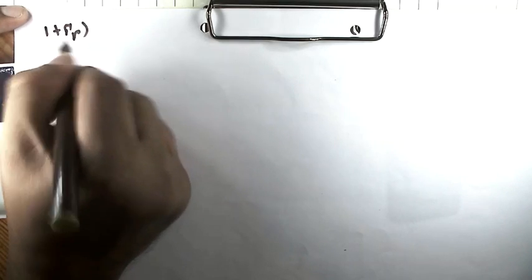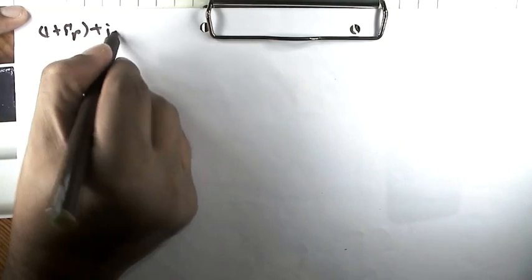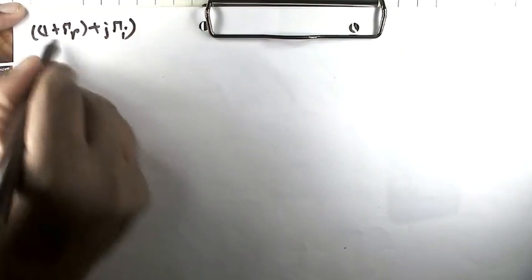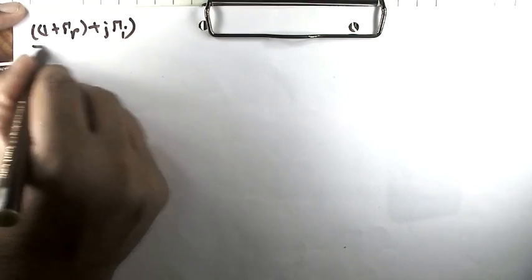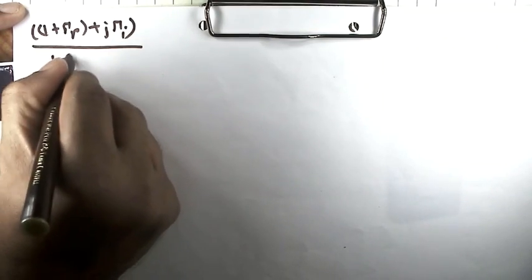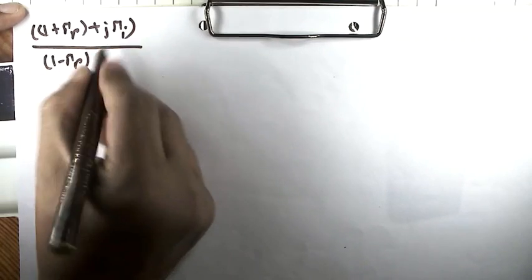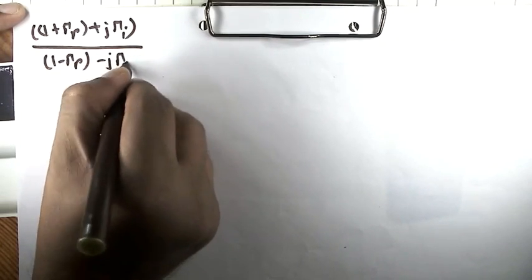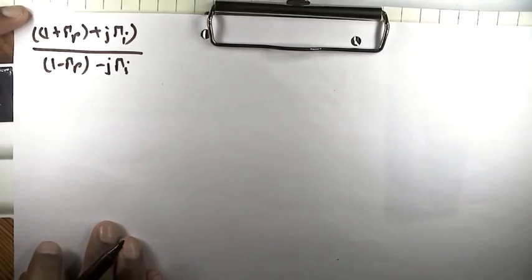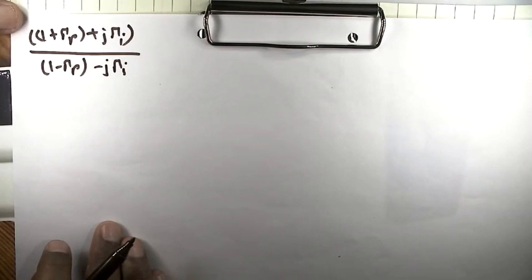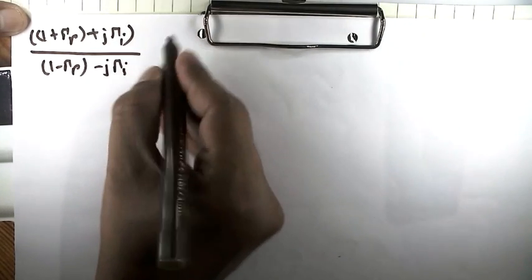As we have 1 plus sigma r plus j times sigma I divided by 1 minus sigma r minus j times sigma I, and our objective is to find out the real and imaginary parts of this complex function.